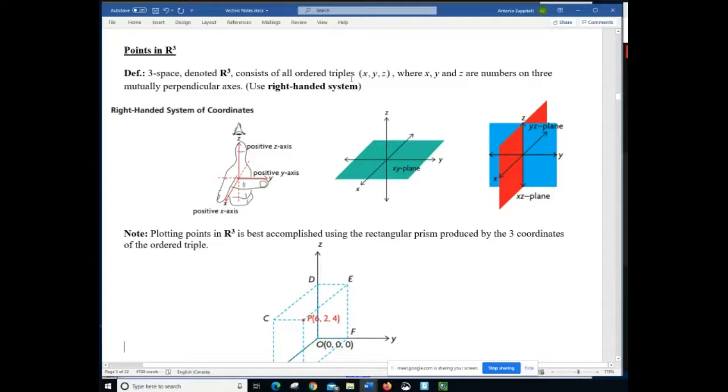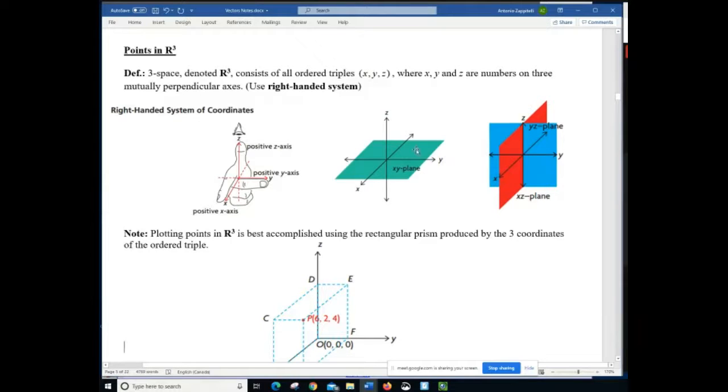So instead of an ordered pair, we have an ordered triple. Okay, so it has to be in that order. The first one represents an x value, second a y, third a z. Okay, and of course, all axes are perpendicular with each other. Okay, there's this right-handed system. So this x-axis comes out of the page. You curl your fingers, gives you your y-axis, and then the z-axis is going upwards.